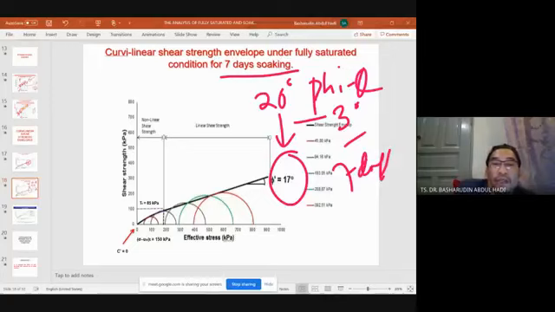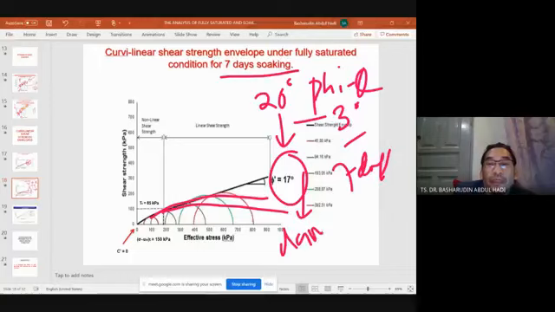And if this graph keeps going lower and lower, it means the shear strength reduces, and this we can see as a danger for slope failure.